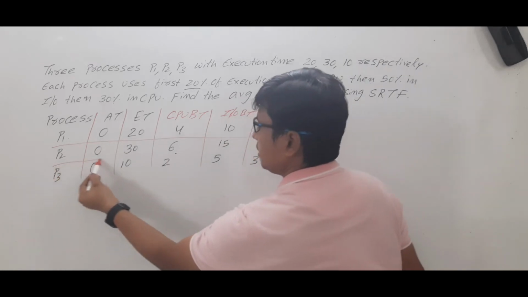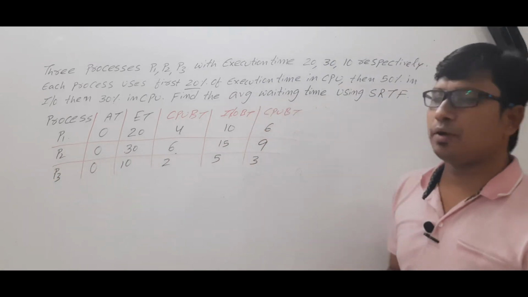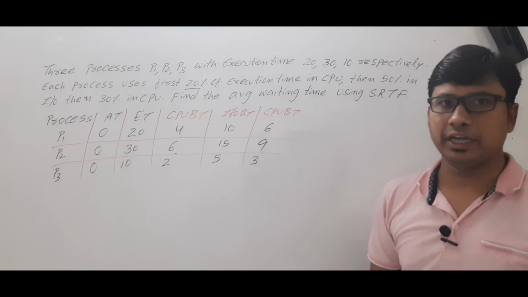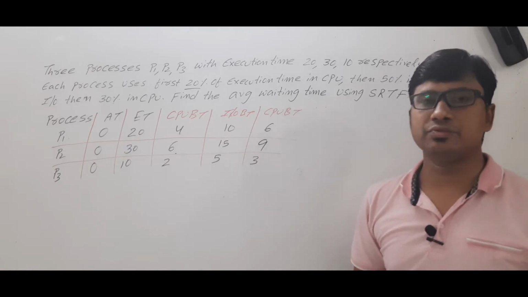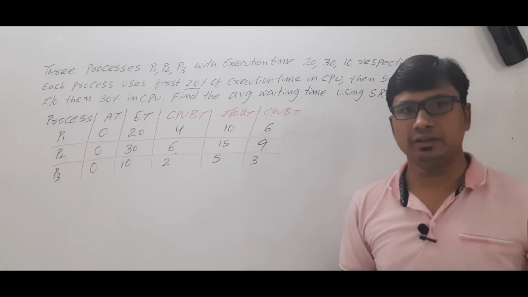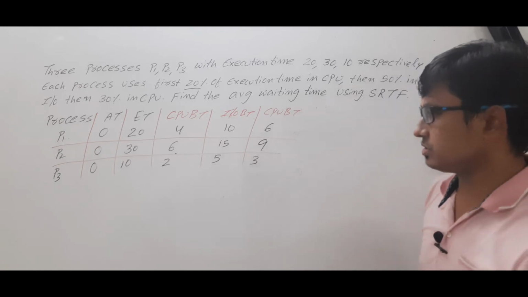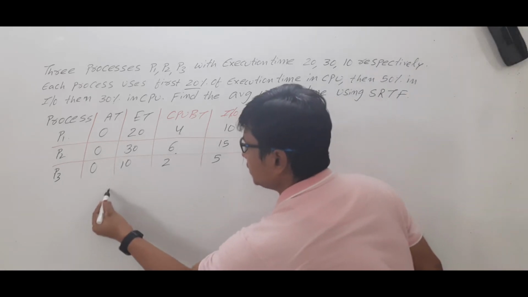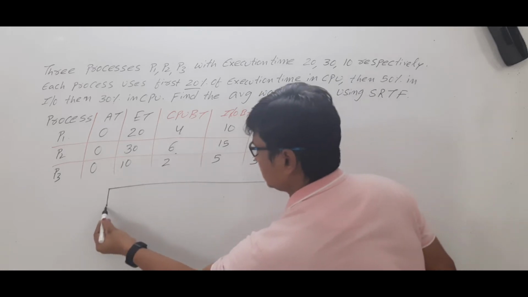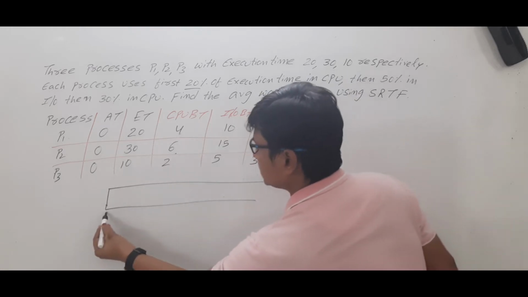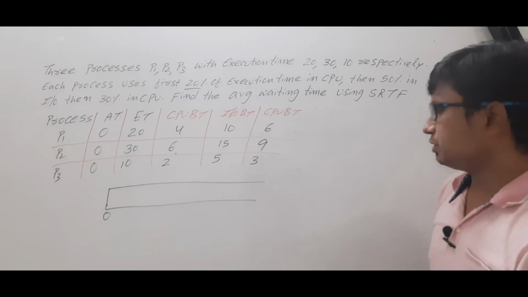Now what they asked is to compute the average waiting time. To compute the average waiting time, we first need to find the completion time of each process. To do that, I need to draw the Gantt chart. Always, the Gantt chart will start from 0 units of time.